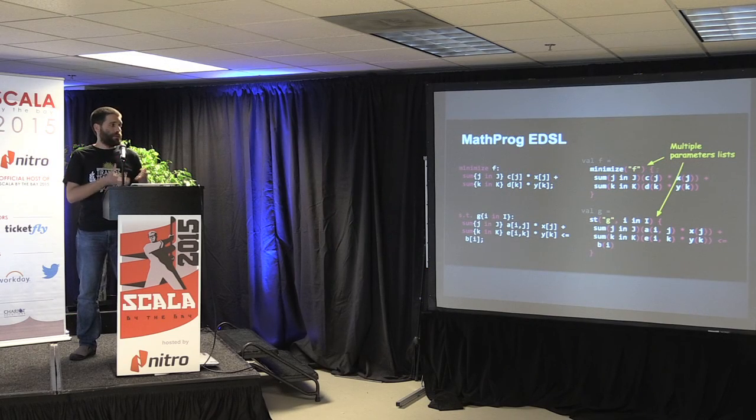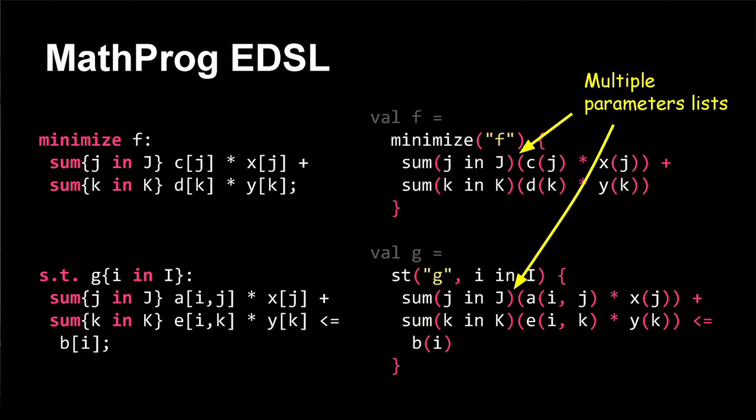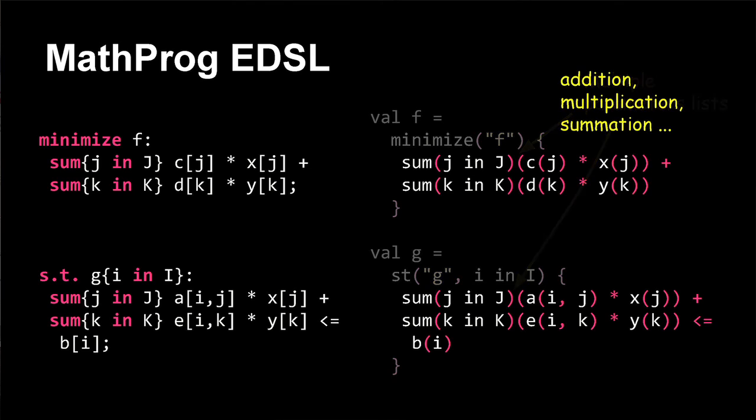This allows us to use varargs for simple cases of indexing, and also helps it look more similar to MathProg. We are also using multiple parameter lists in the summation for the separation of the indexing and the expression being added.